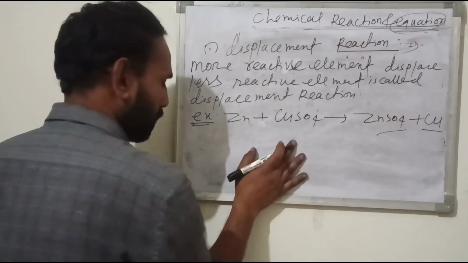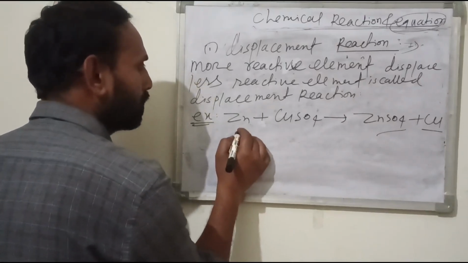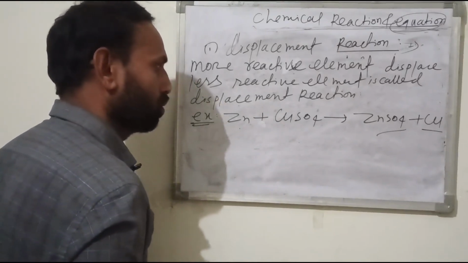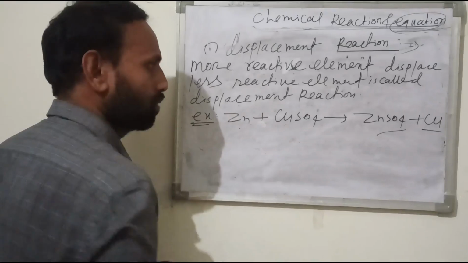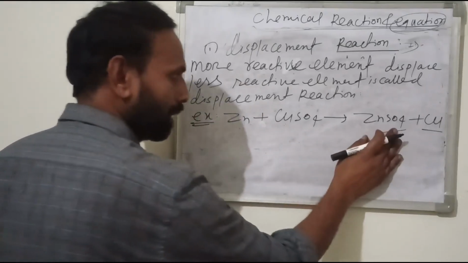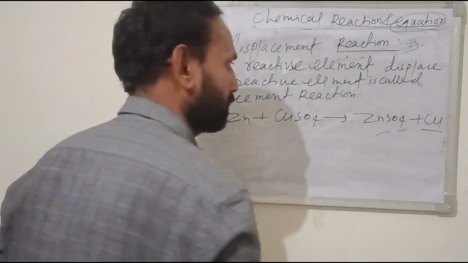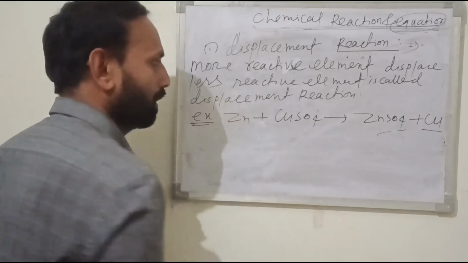Here you can see Zn is more reactive than copper, so zinc replaces the copper and makes the zinc sulfate, and copper is the different substance because Zn replaced it.